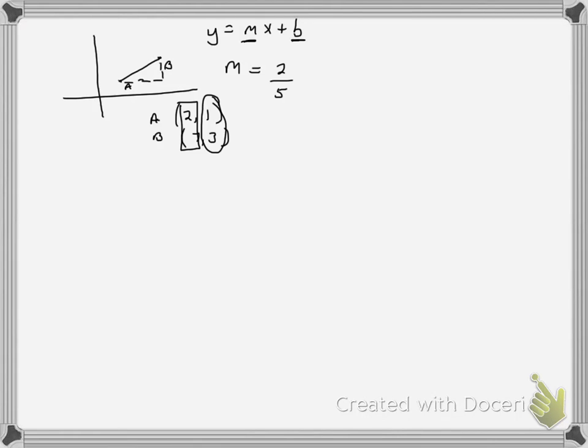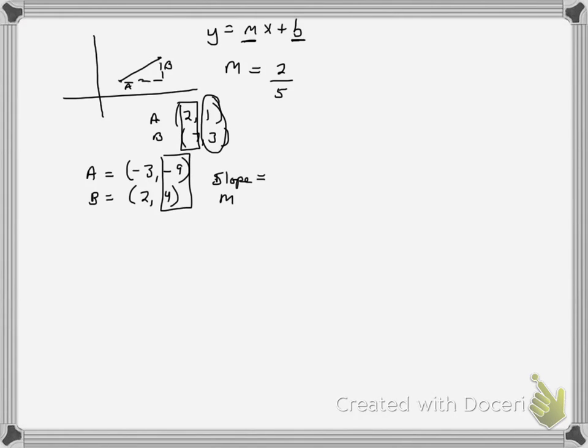Now, if instead my a was, let's say, -3, -9, and my b was 2, 4, again, I'm just saying that the slope, which is also represented as m, is the change in the y, always the vertical first.